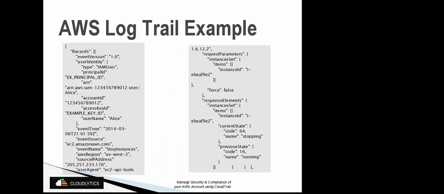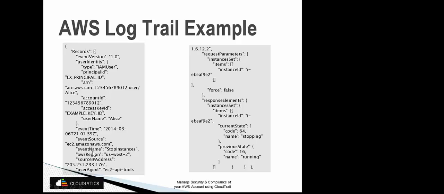So here's a simple example of a record related to EC2 that is logged in your CloudTrail logs. Like I said, CloudTrail helps you answer the questions of who did what, when, and from where. If you see here, we have an element called the user identity. The user identity helps you answer the question of who. So you can say that Alice, that is the username, who is an IAM user, did what.